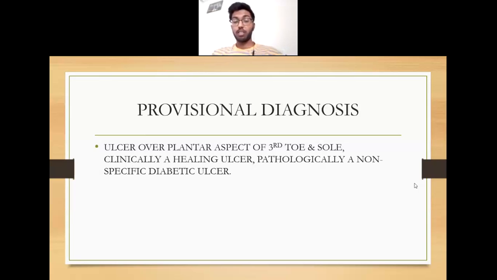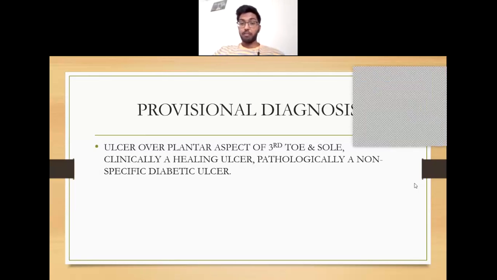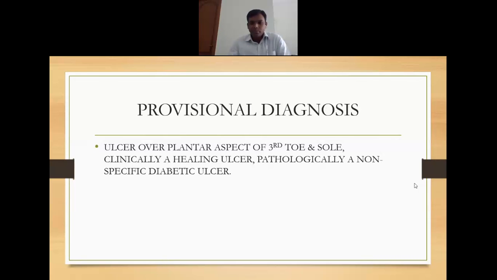Yeah. So that's what I was telling earlier. The margin is the only thing here that will help you in deciding whether it is a healing ulcer. See, healing ulcer, sloping edge is something which should always be fixed in the mind. So imagine a classical venous ulcer.